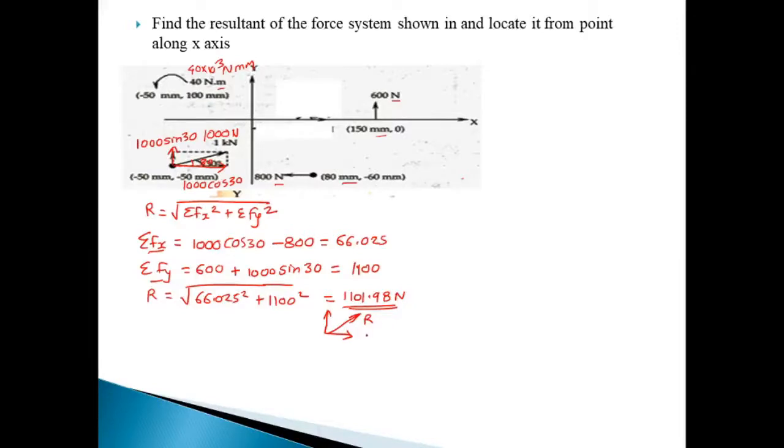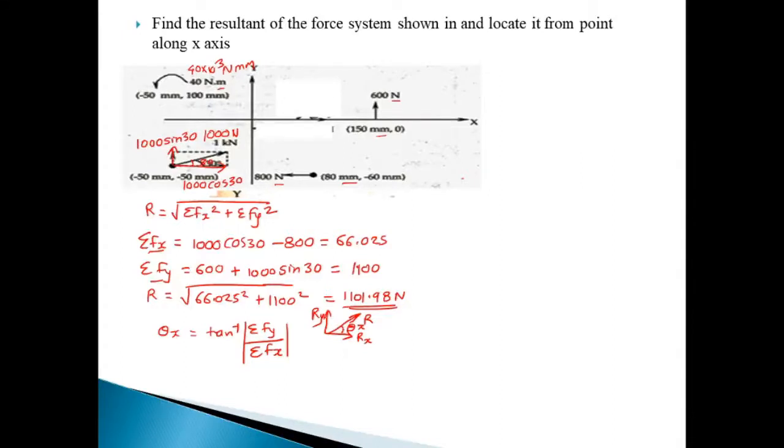This is the resultant, this is Rx, and this is Ry, and we can find out this theta x. Theta x is equal to tan inverse of summation Fy by summation Fx. In this case, always remember to take the modulus when we consider only magnitude, because direction is considered in this diagram.